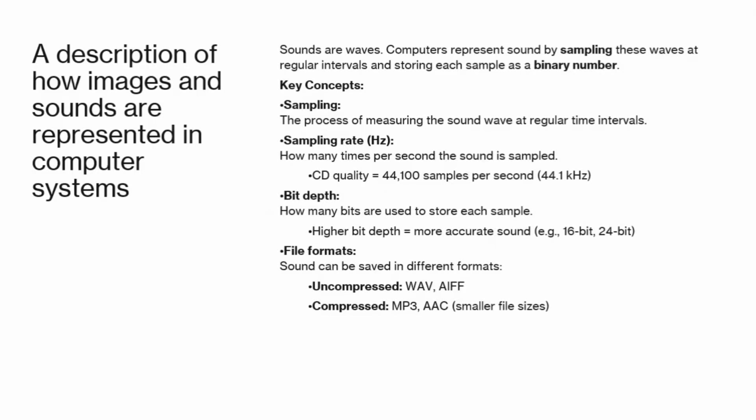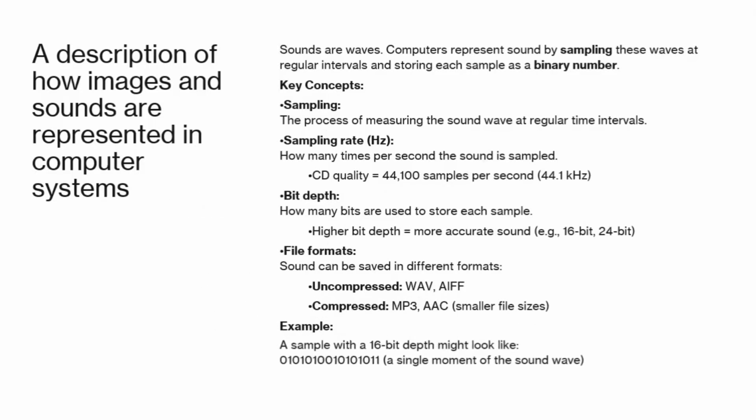Sound can be saved in different formats, uncompressed and compressed, for example MP3, AAC, WAV, and more. For example, a sample with a 16-bit depth might look like 01010100101011, a single moment of the sound wave.